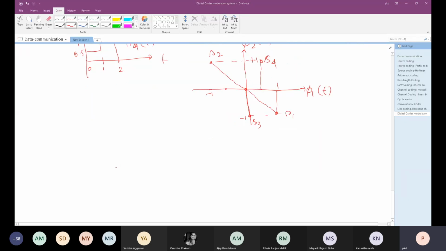I think we will continue our discussion further, most probably next day. So we shall discuss the coherent digital carrier systems first. So we will start with coherent binary phase shift keying. Phase shift keying means the information of the symbols are embedded in the phase.